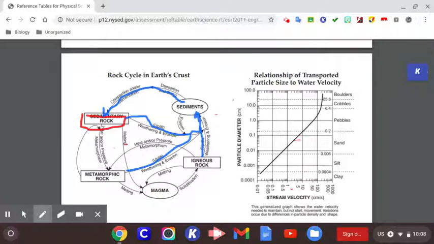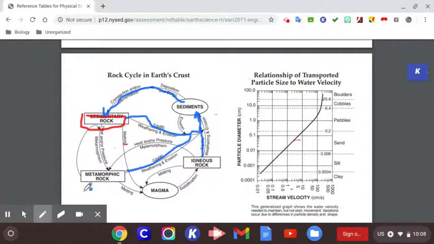Or is it D, weathering and erosion, compaction and cementation, or deposition and burial? So what is the correct order of the process of making a sedimentary rock? You're looking at the arrows that precede it. What is the correct order of getting to a sedimentary rock?